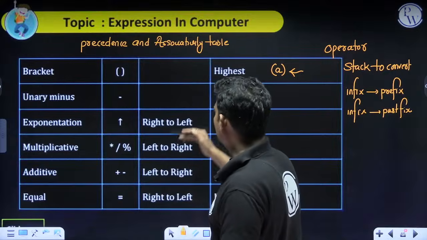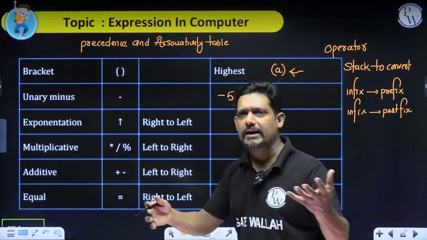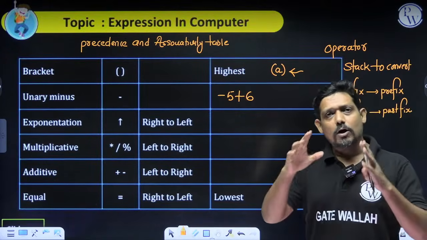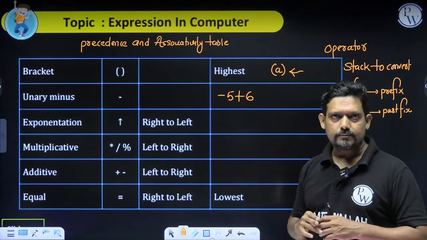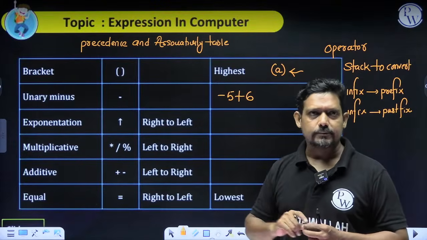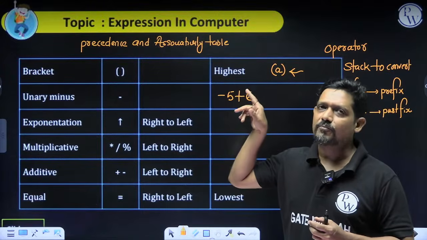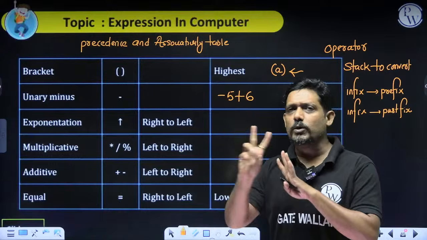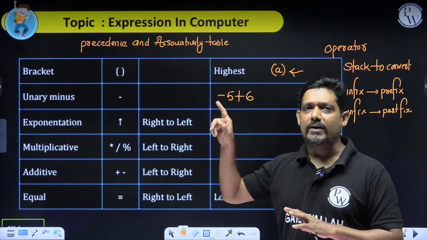So when I have an expression like minus 5 plus 6, and I ask the student what will happen first, they always say plus, because they never consider that minus is also an operator, a unary operator, and it has to make 5 into minus 5 first. So 5 and minus 5 are two different things, and it is the unary operator that will make 5 into minus 5.